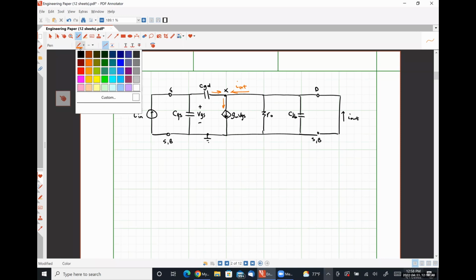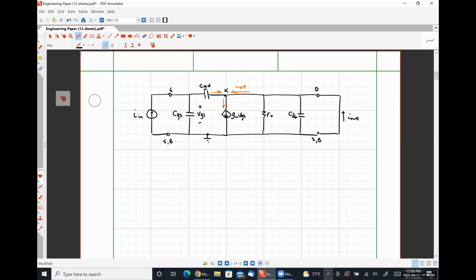So our current flowing in is s CGD times VGS. So that's just the voltage VGS divided by the impedance of the gate drain capacitance. We're working in the Laplace frequency domain. So that's a current flowing in.